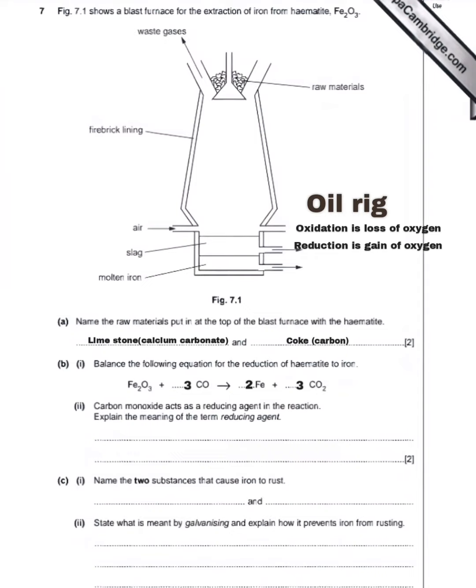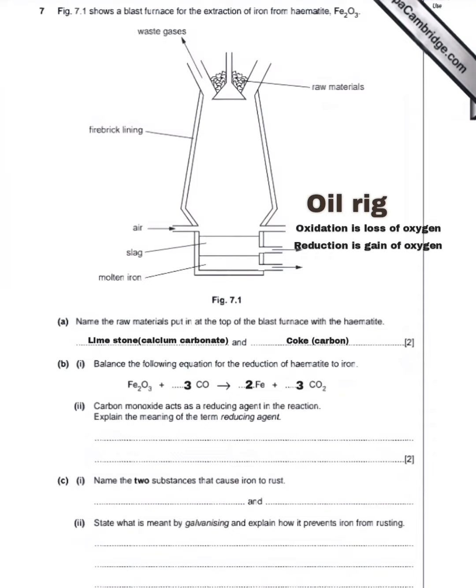It is carbon monoxide, because carbon monoxide is gaining the oxygen atoms from iron 3 oxide, so that it becomes carbon dioxide.